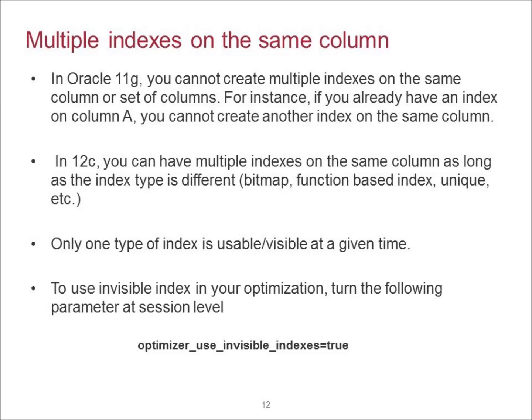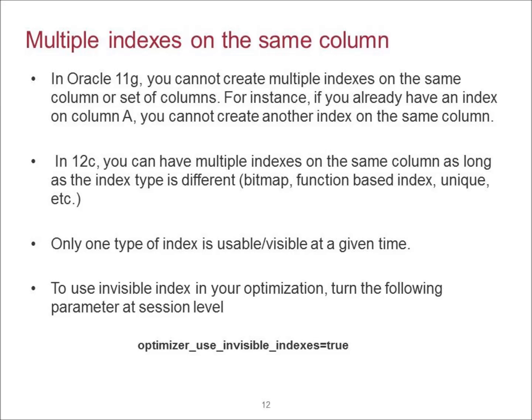That is, if you already have a B-tree index, you can only create a bitmap index or function-based index or a unique index, etc. So you need to create two different types of index, and only one type of index is usable or visible at any given time.